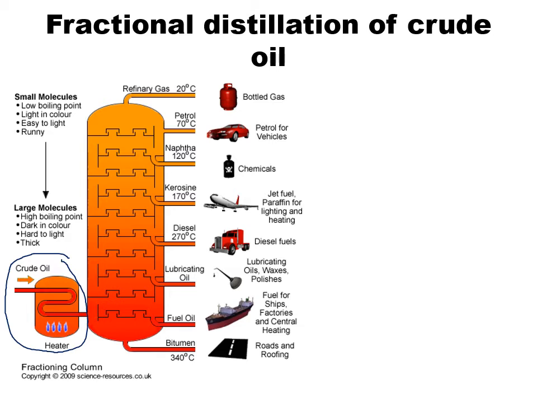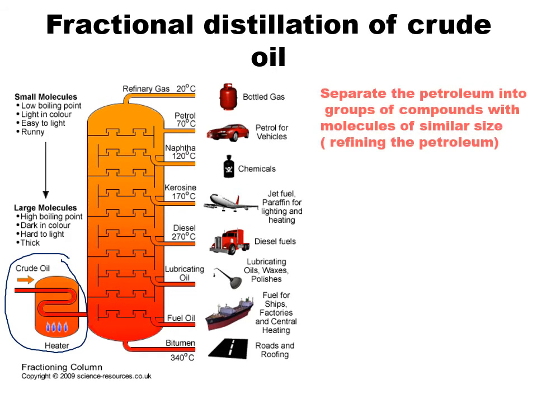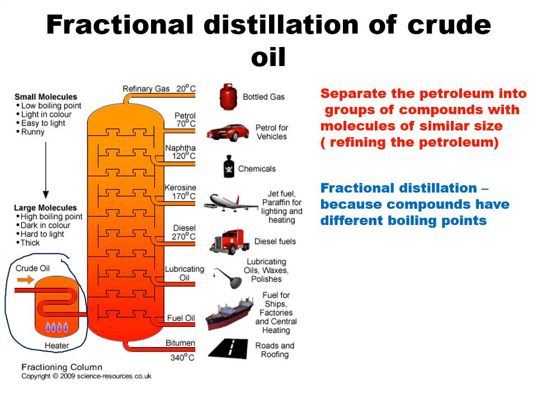You can see that here in the fractionating column, they are already split into different fractions based on their boiling point. The concept in fractional distillation is that we separate the petroleum into groups of compounds with molecules of similar size, because the compounds have different boiling points.